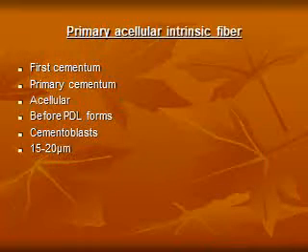Primary acellular intrinsic fibers. We have acellular intrinsic fibers. Intrinsic means from the cells, of course, the cementoblast cells. It is the first cementum, primary cementum, acellular, before the periodontal ligament forms, cementoblast and 15 to 20 micrometers.